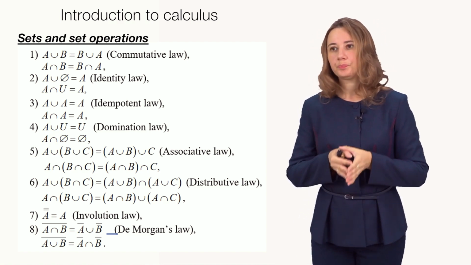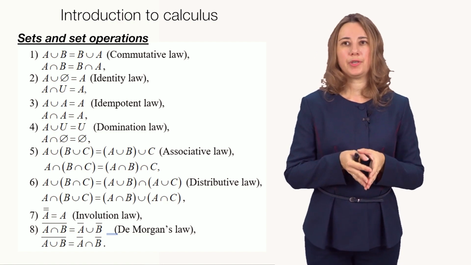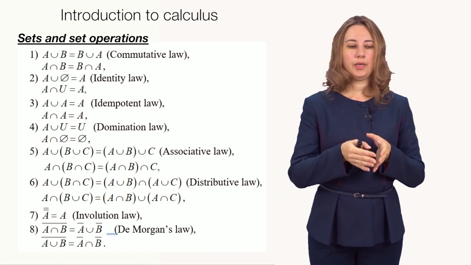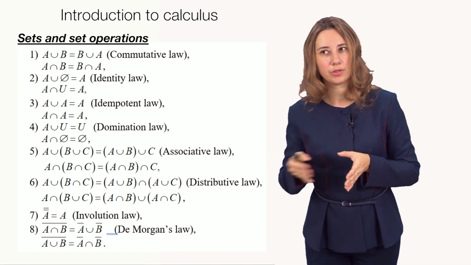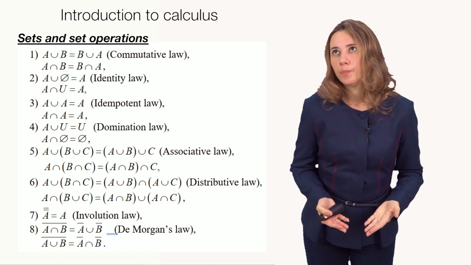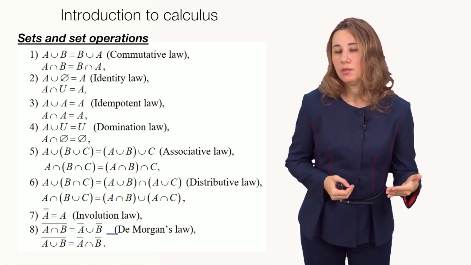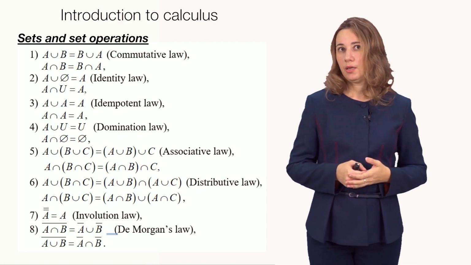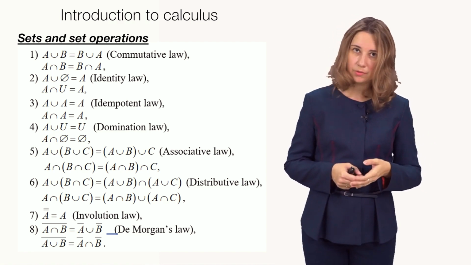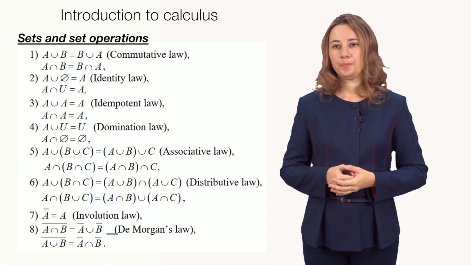For example, A union B is B union A, or A intersection B is B intersection A, is equivalent to the following. A plus B is equal to B plus A, and A times B, or A is multiplied by B, is equal to B times A.